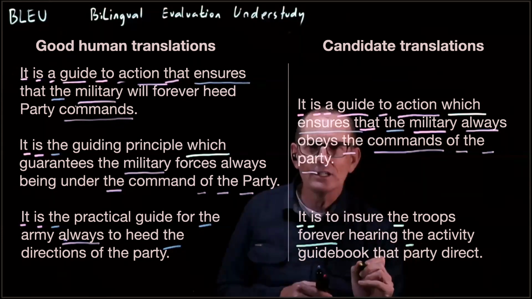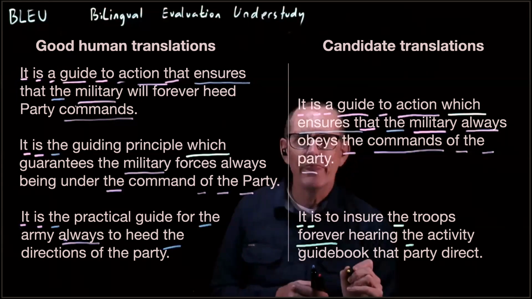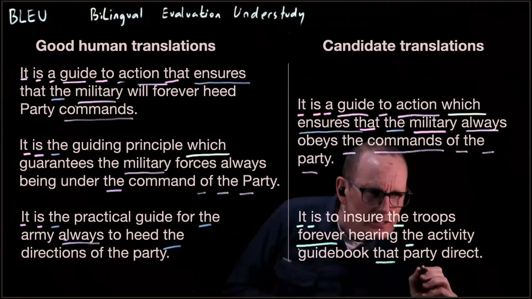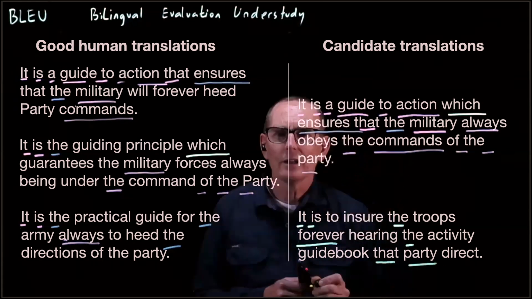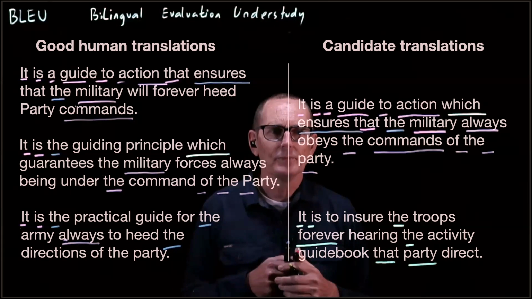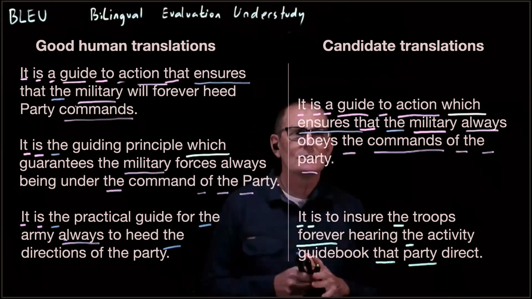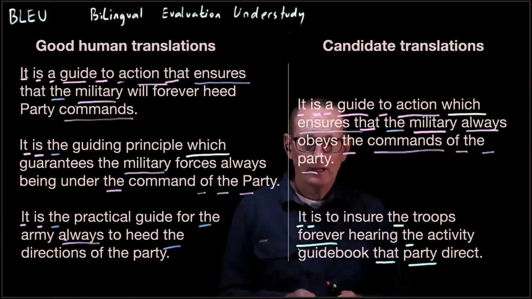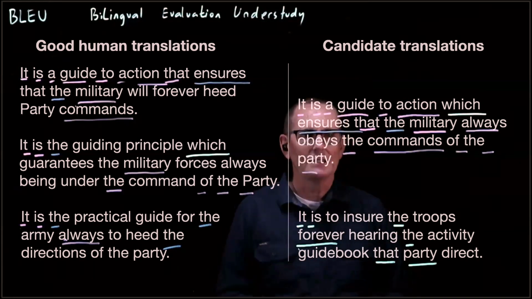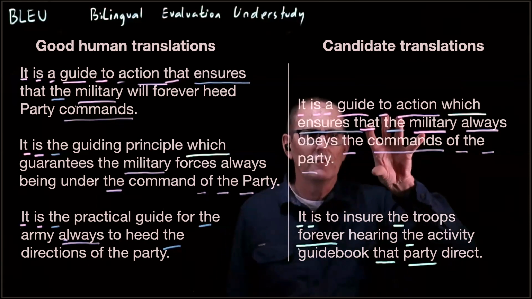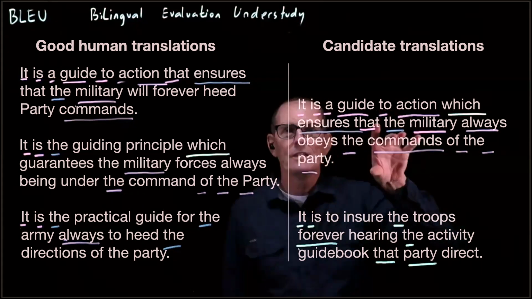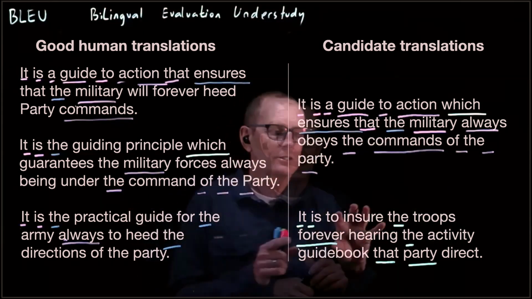Activity, no. Guidebook, no. That, yes. Party, yes. And I don't think we have a direct... We have directions, but that's not exactly the same word. So this gives us a more numeric sense of the fact that we have many more words here that are found in human translations than we do here.